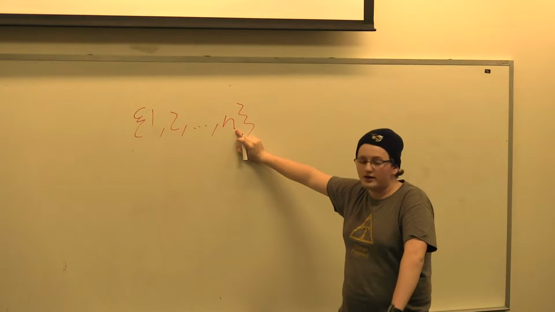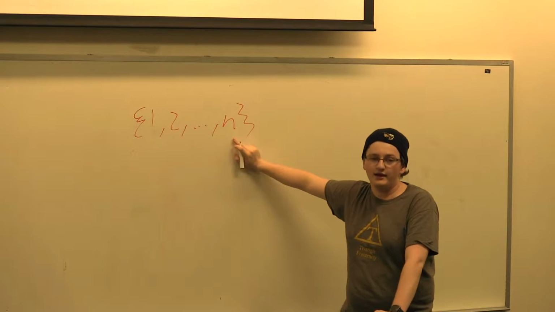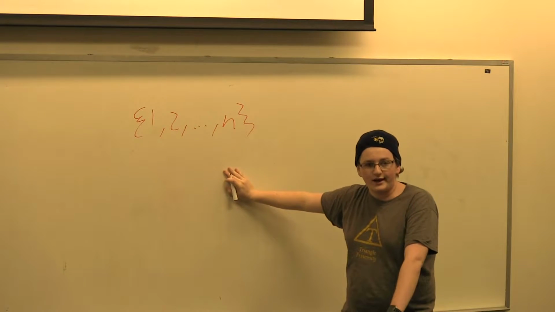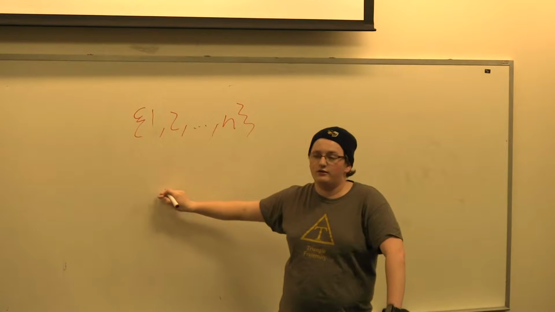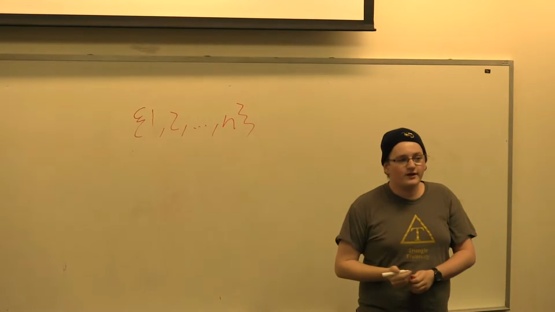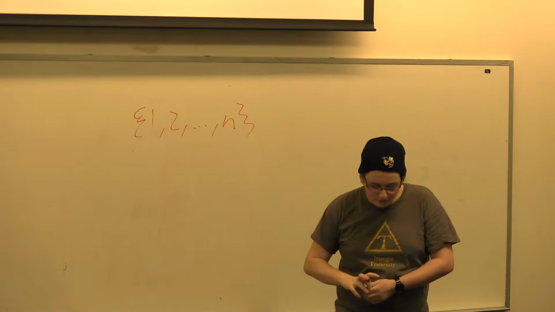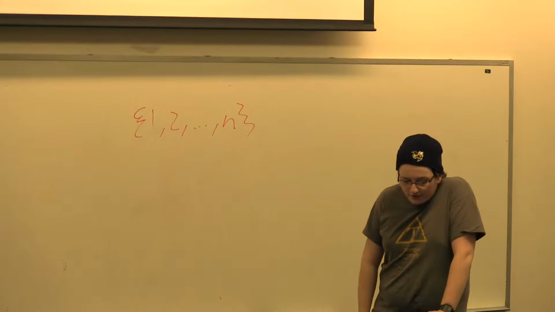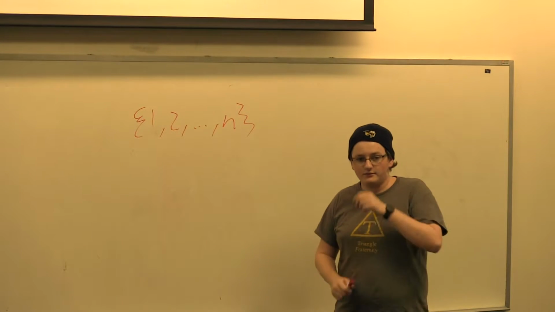We define this as having a cardinality n, and for any other set that has a cardinality n, we can create a bijection between that set and this set. I'm not going to prove that, but that's a pretty easy proof. So that's for a cardinality of finite sets.